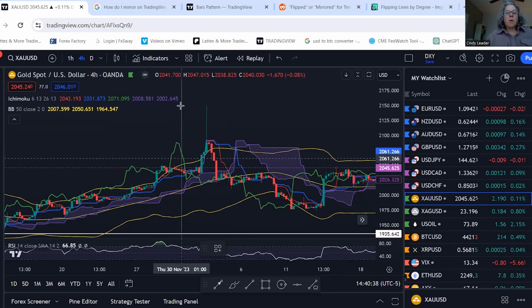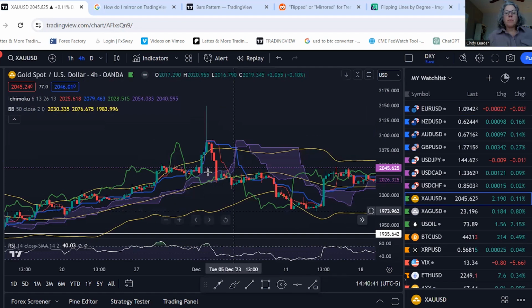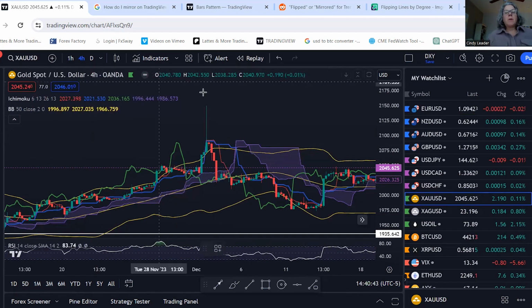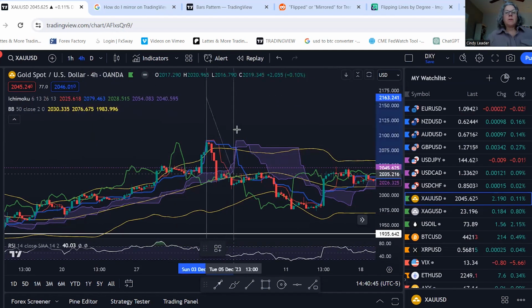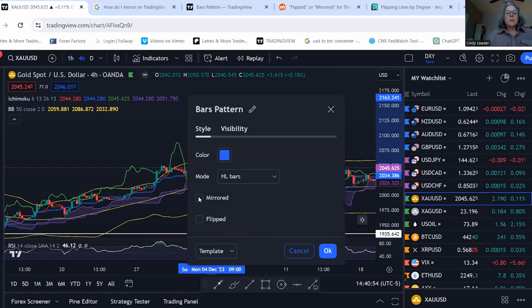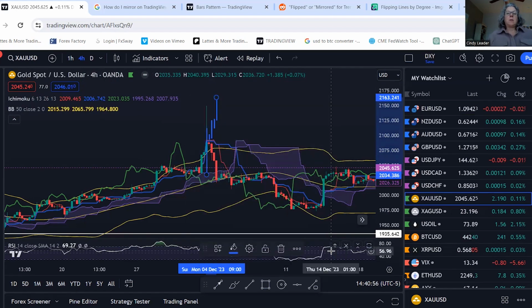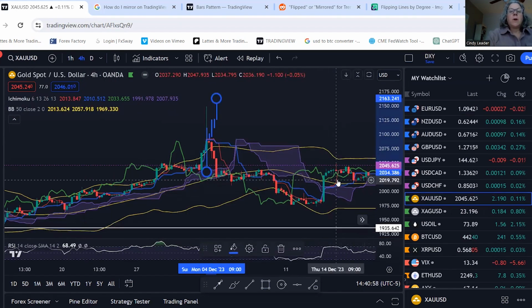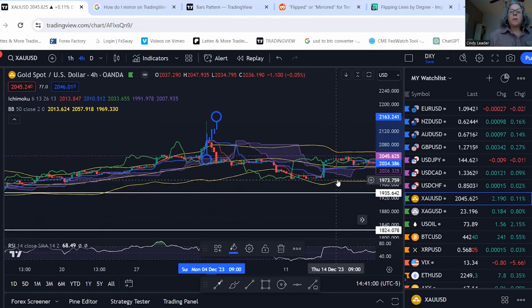Oh, I know what I'm doing wrong. I'm grabbing the wrong thing. Oh, what a mess. Let's grab this down to this candle just for yucks. Mirror image. So I wonder, this is gold.